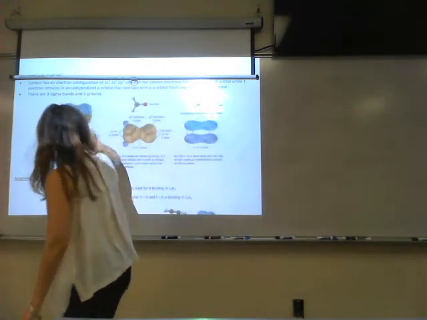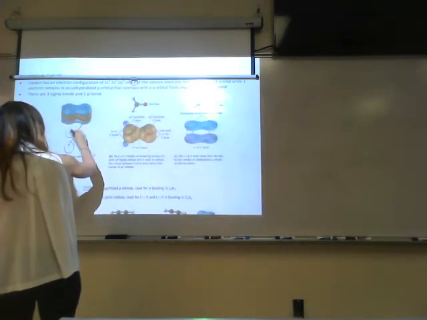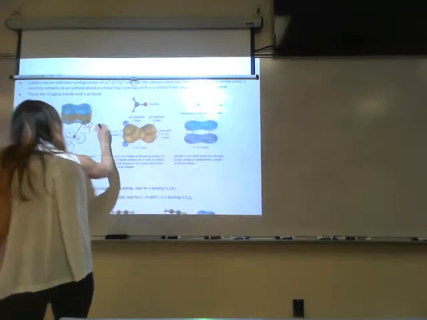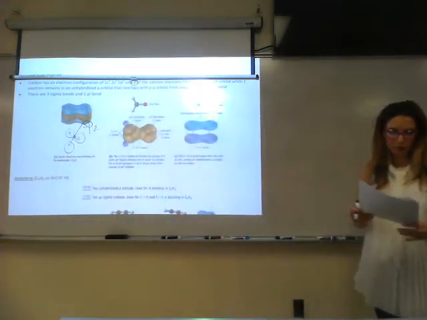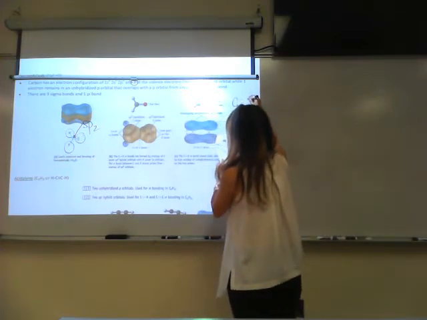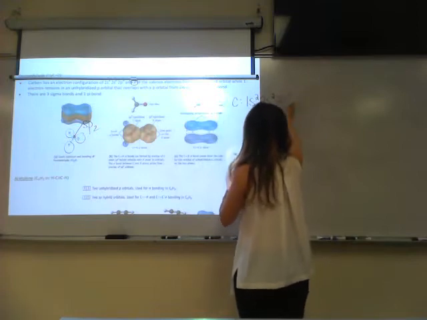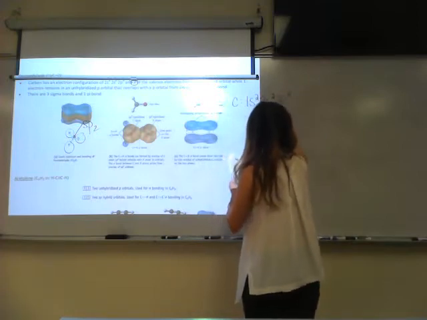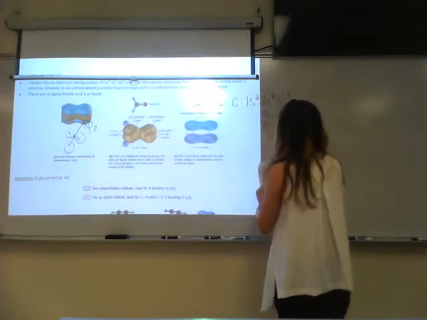So for this one, you have 1, 2, 3 things. Then this would be sp2 for the carbon on formaldehyde. Carbon is 1s2, 2s2, 2p2. So it looks like this for its orbital diagram.